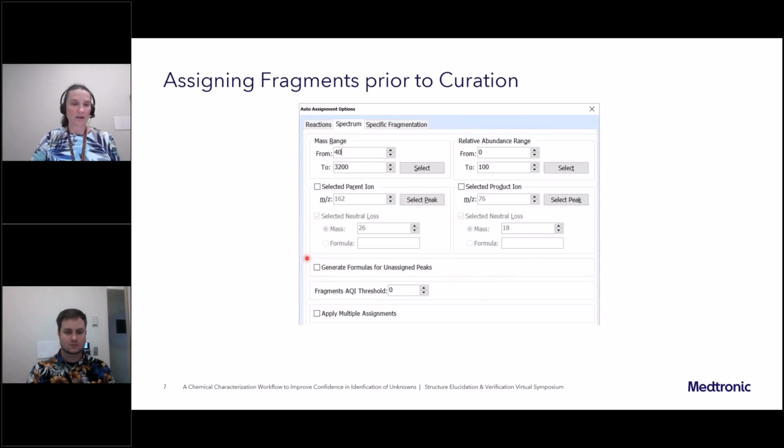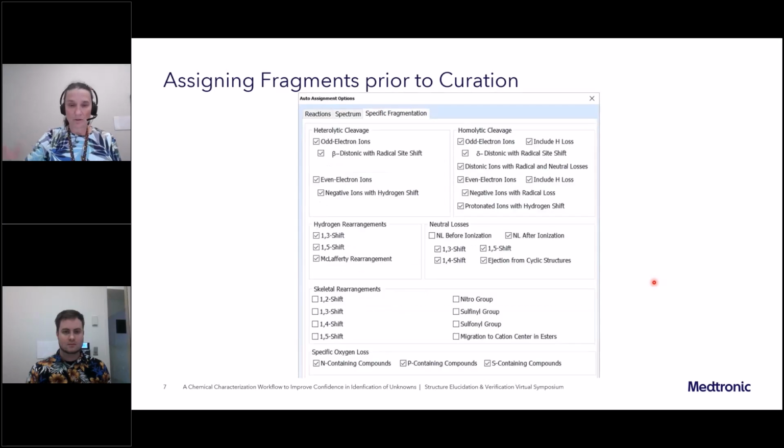And you also have the option of any unassigned peaks you can generate formulas for by clicking on this button right here. And then you could set an AQI threshold. That's the assignment quality index for that particular molecule.